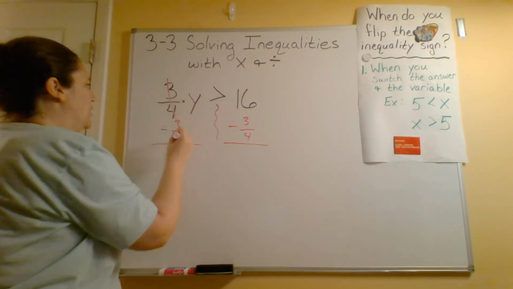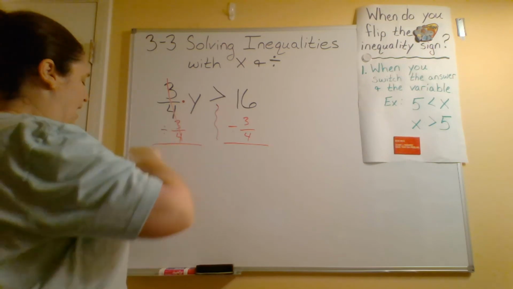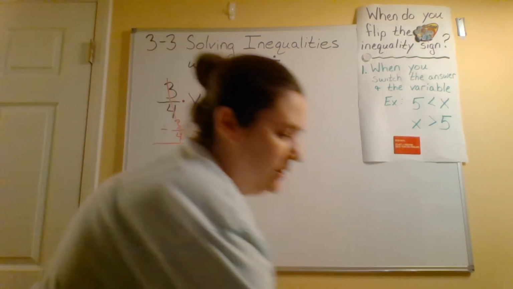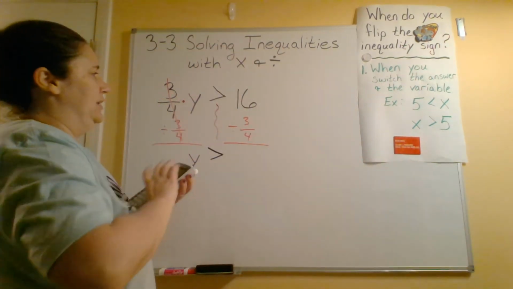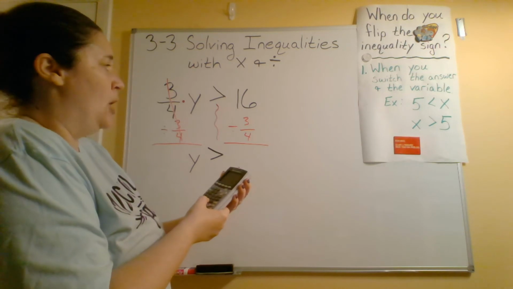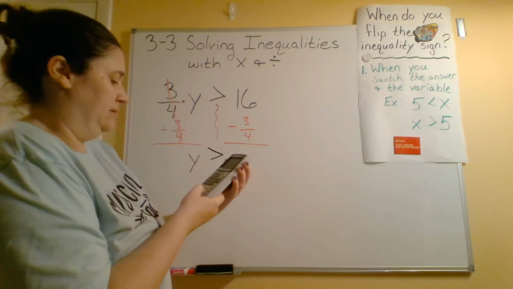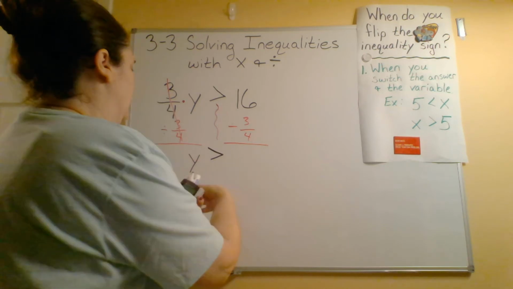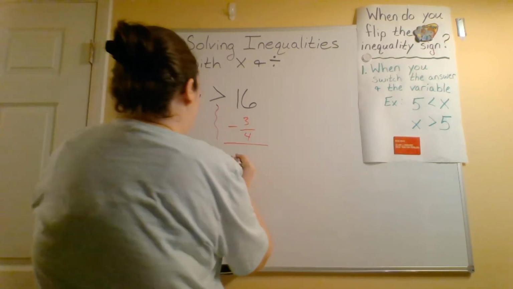The 3/4 cross off. We have y is greater than, let me get my calculator, 16 divided by parentheses, 3 divided by 4, end of parentheses. It says 21.3 repeating.